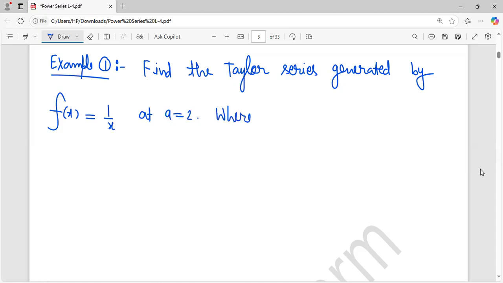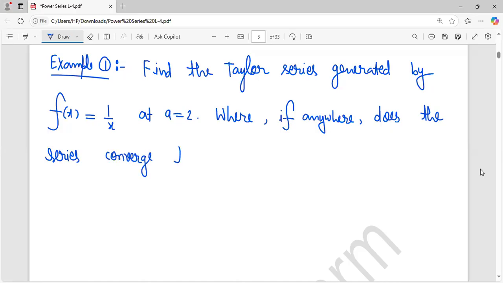Also, if any, whether this series converges to 1 upon x.